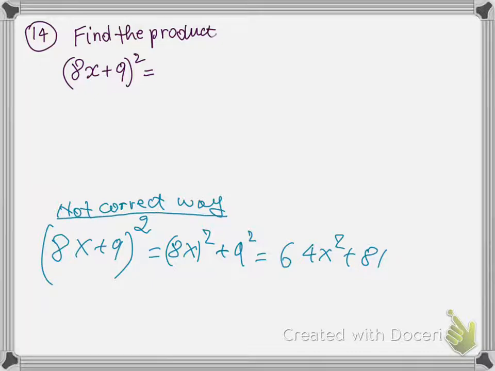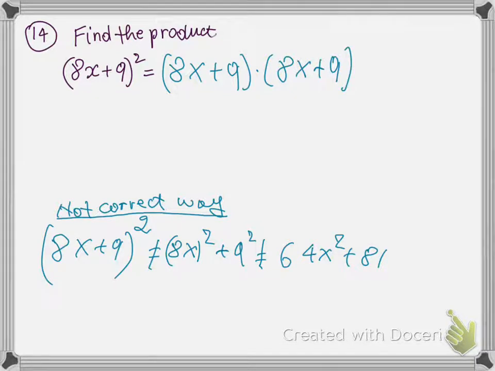Okay, so let's see what this is step by step, and then we'll talk about why we cannot do this. So this is wrong. So not that. 8x plus 9, all of it squared, is 8x plus 9 times 8x plus 9.